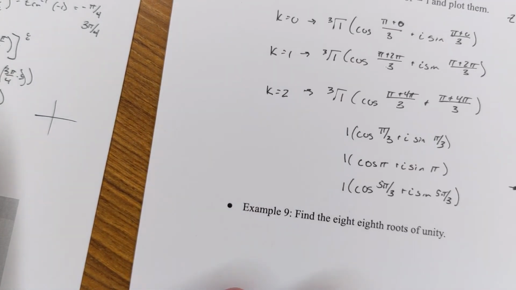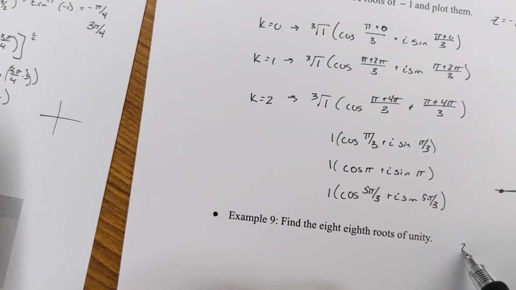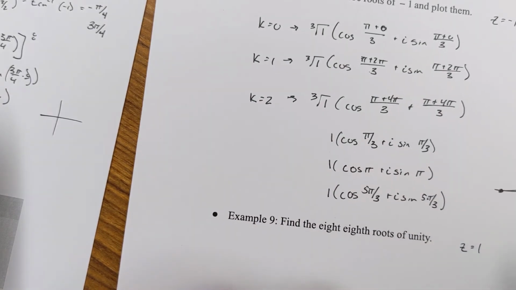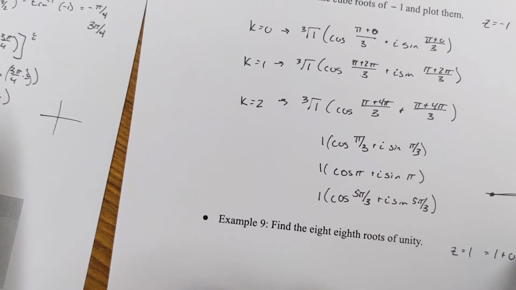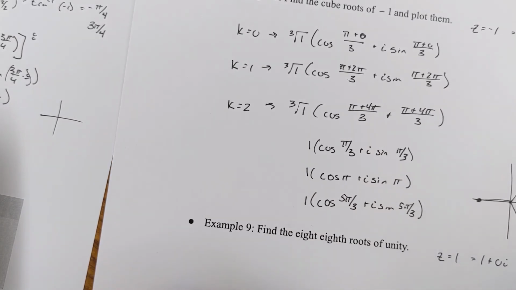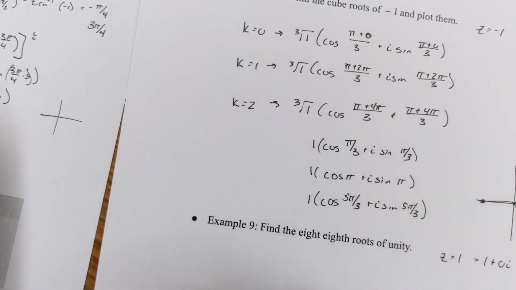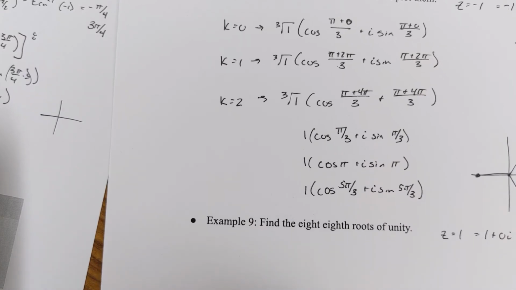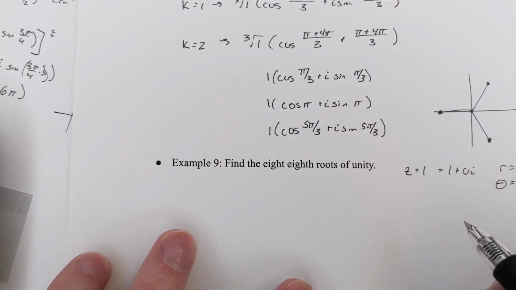The 8th roots of unity, huh? So that would be, let's see here, 1, which is the same thing as 1 plus 0i. So my r value is 1. My theta value is actually going to be 0. So here we go. There's a lot of work here.